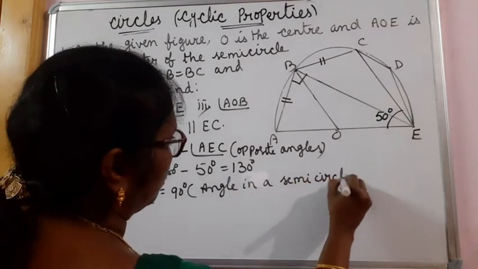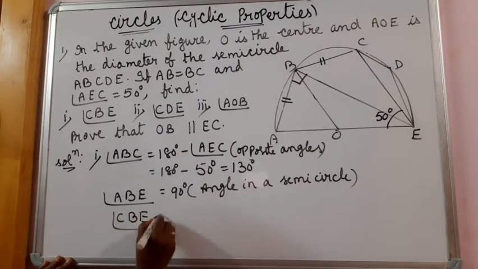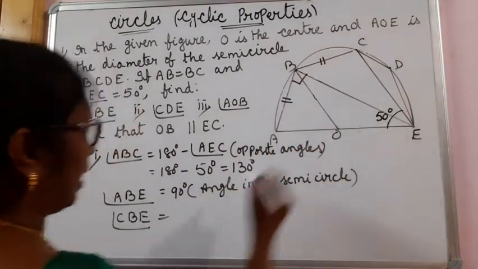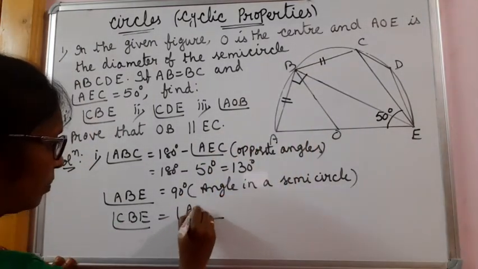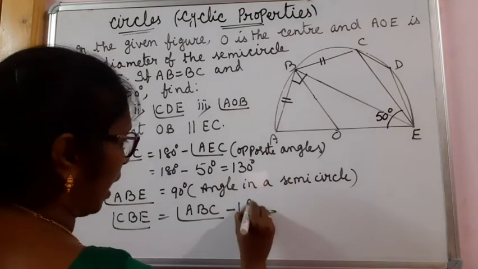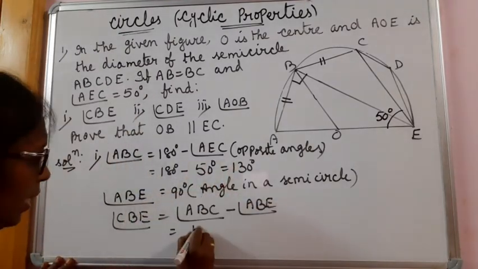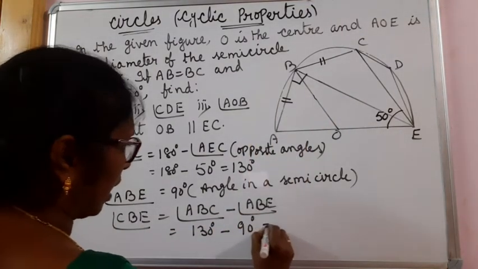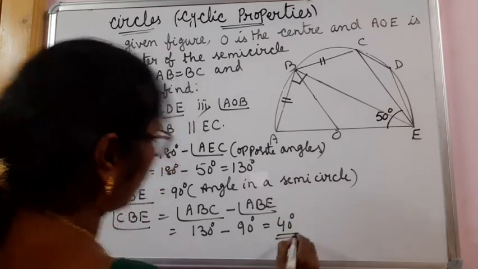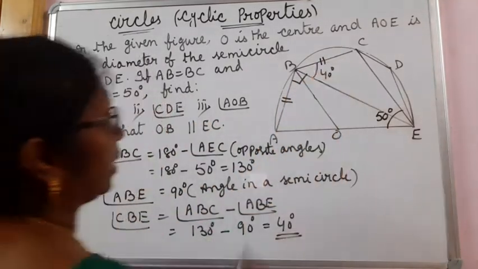So now angle CBE is equal to angle ABC minus angle ABE. Angle ABC we got 130 degrees and angle ABE is 90 degrees. That gives you 40 degrees. So we got angle CBE as 40 degrees.